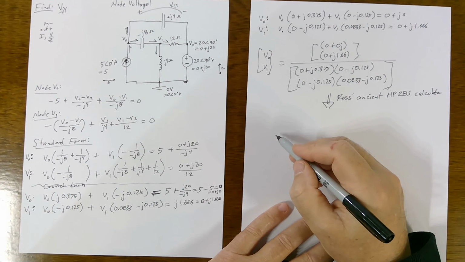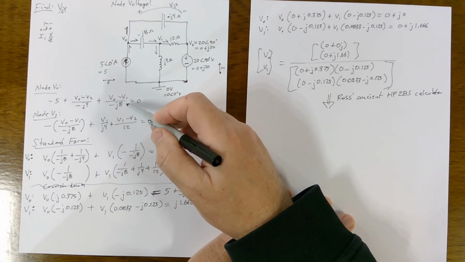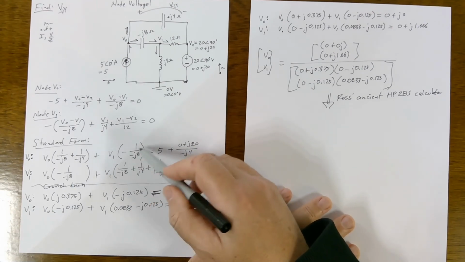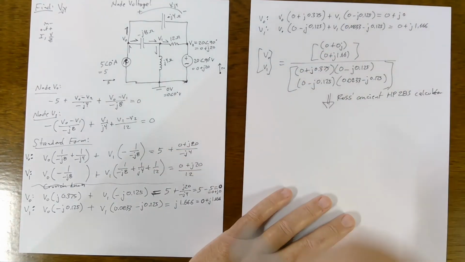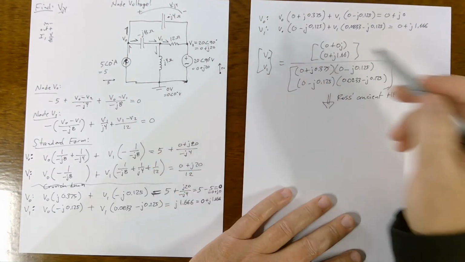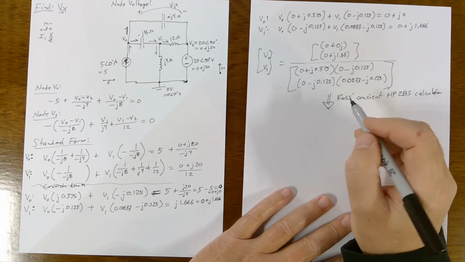Your results may differ. You may be able to enter this in your calculator and get a result. You may have to go all the way down to a matrix. So I'm doing all of these steps for you, but you may be able to take some shortcuts depending on what hardware you have.